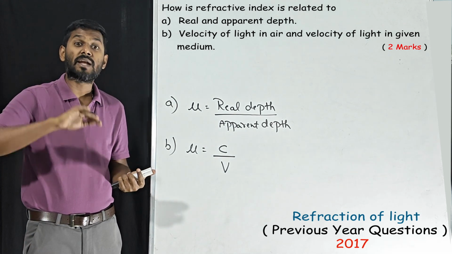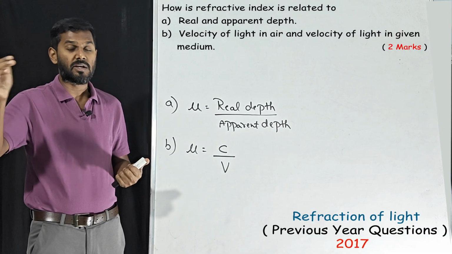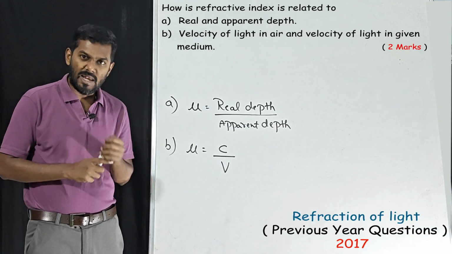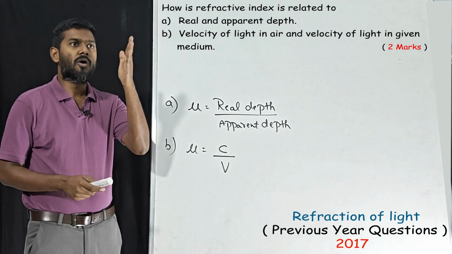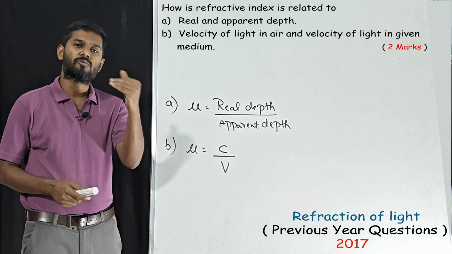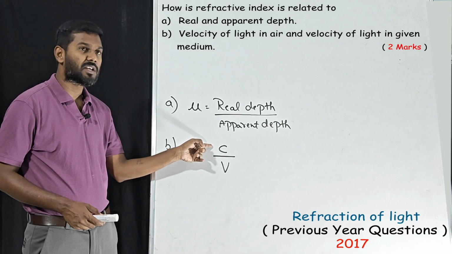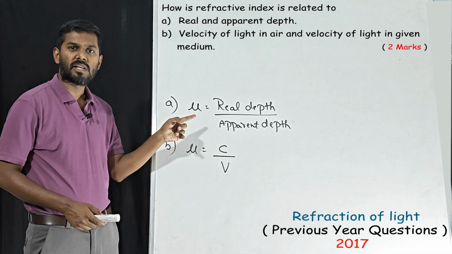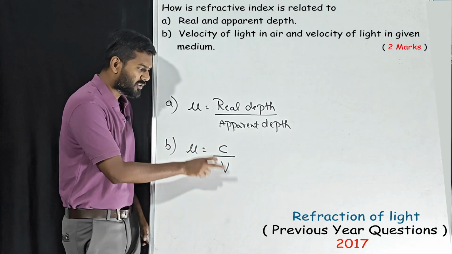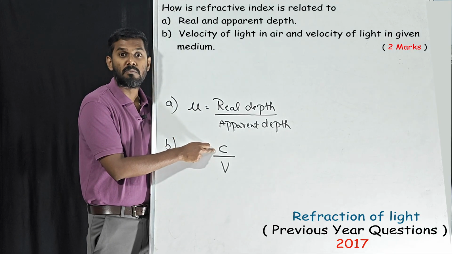There is around 93,000 meter per second difference, but for calculation purposes, we assume velocity of light in air and vacuum as the same. So here they can mention velocity of light in air or velocity of light in vacuum. For both the cases, we are using the symbol C.